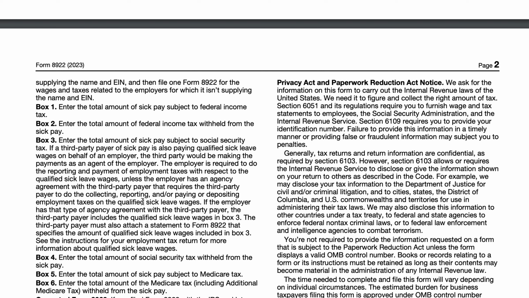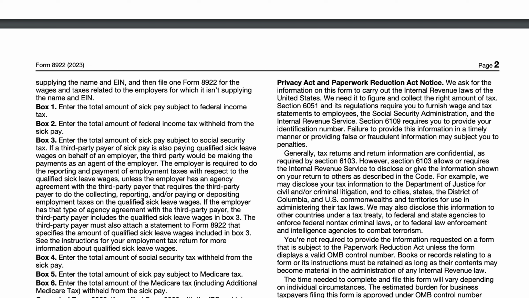Basically, what that summary is saying is if the third party is also paying the qualified sick leave wages on behalf of the employer, then that third party would be making the payments as an agent of the employer. The employer is required to do that reporting unless it's stipulated in an agreement in writing that the third party does the collecting and the reporting and the paying or depositing of employment taxes on those sick leave wages.